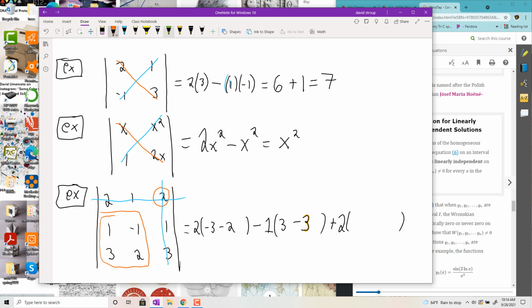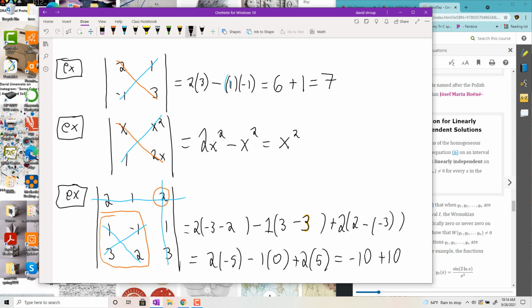So I go 1 times 2 minus -1 times 3. So 1 times 2 is 2, minus -1 times 3 is -3. And then I go and evaluate this. So 2 times -5 minus 1 times 0, plus 2 times 2 plus 3 is 5. And I get 2 times -5 is -10, plus 10, which would equal 0, which would be bad.